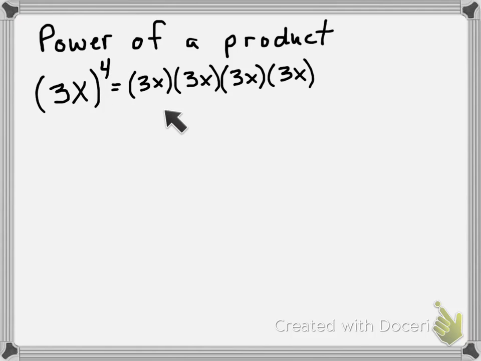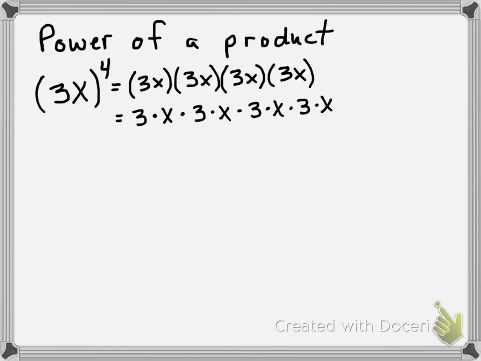So that's 3x times 3x times 3x times 3x. Alright, now, since 3x really just means 3 times x, then really I just have this. 3 times x times 3 times x times 3 times x times 3 times x. Now I didn't do anything there. I just rewrote it using a different symbol for multiplication.